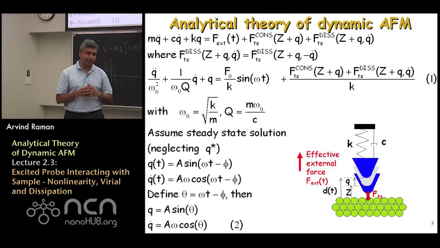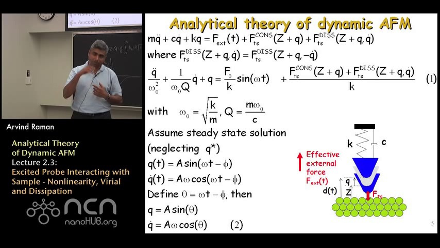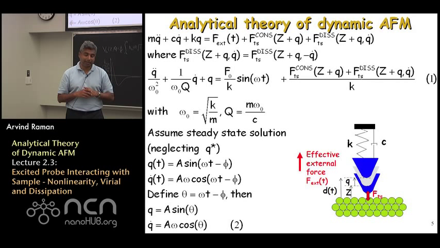You can think of theta as a rescaled time because when theta goes from 0 to 2 pi, you're completing one cycle of oscillation. And in terms of theta, the tip motion is given as A sine theta, and q dot, the velocity, is given as A omega cosine theta, equation 2.